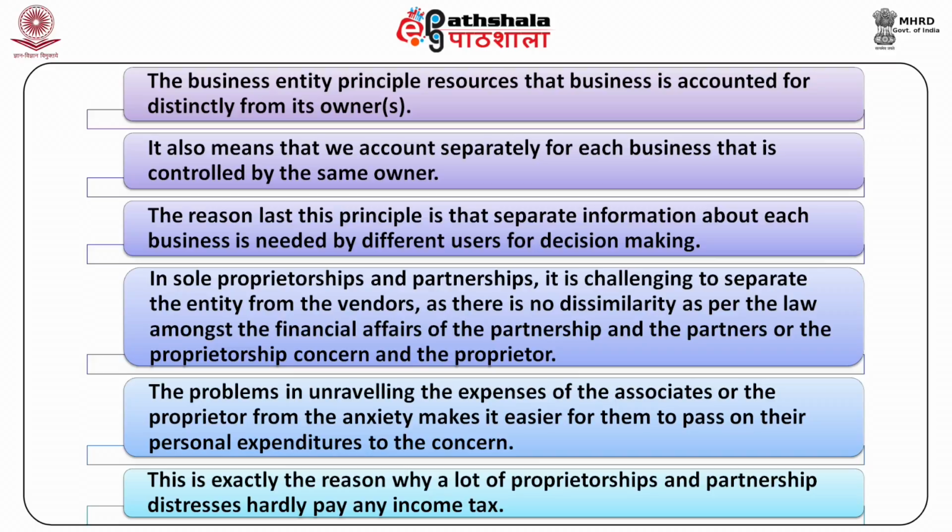In sole proprietorships and partnerships, it is challenging to separate the entity from the owners, as there is no distinction as per the law between the financial affairs of the partnership and the partners, or the proprietorship concern and the proprietor. The difficulty in separating the expenses of the partners or the proprietor from the concern makes it easier for them to pass on their personal expenditures to the concern.